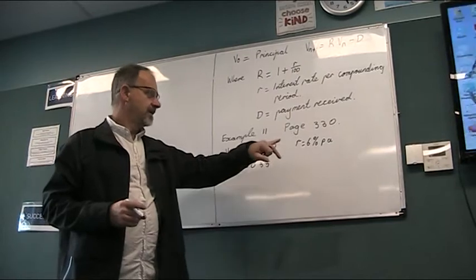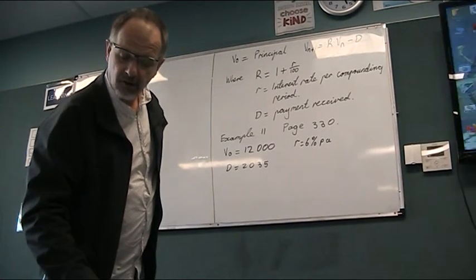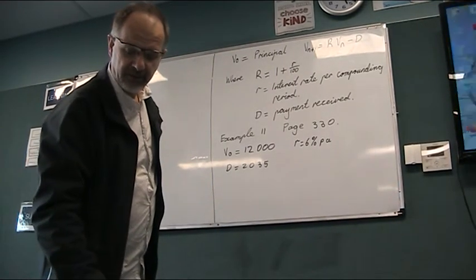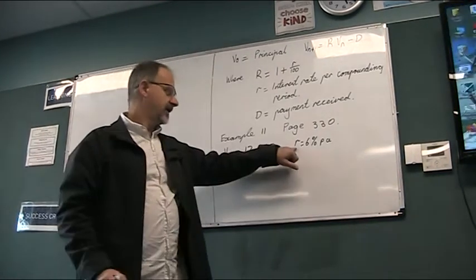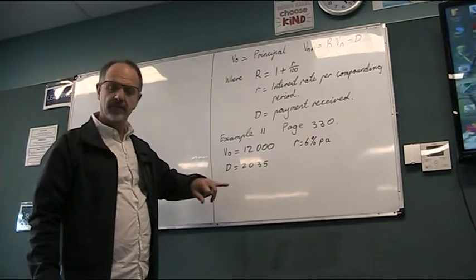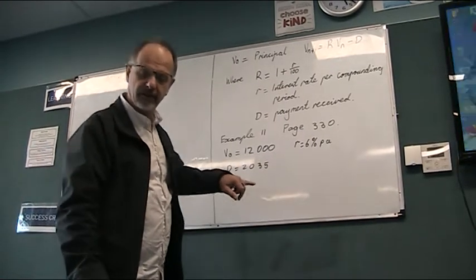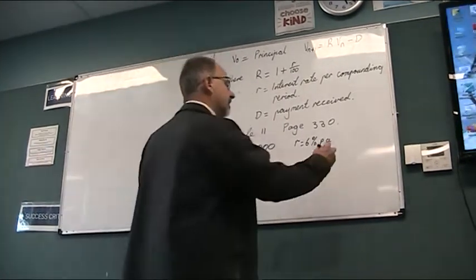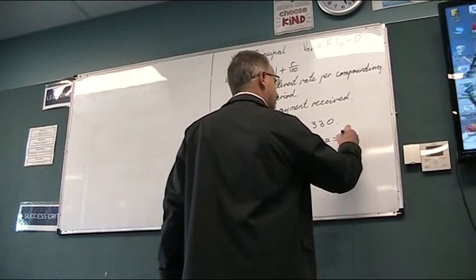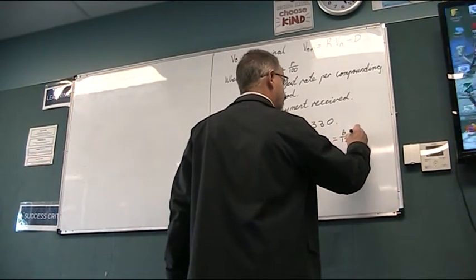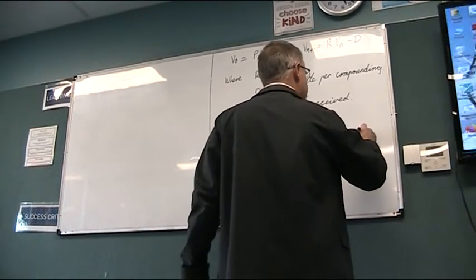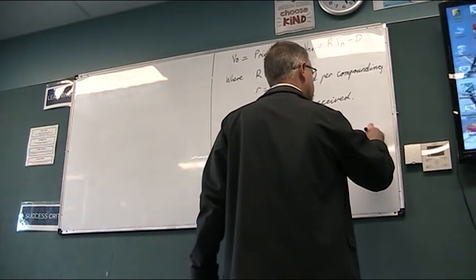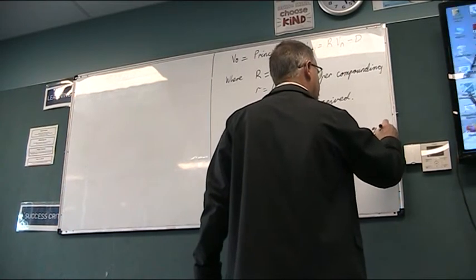Okay, so with this it's not clear, but I'm assuming that the interest rate is compounding monthly, though it's not clear whether it is. So if we do that, we need to go over 12, which is 0.5% per month.